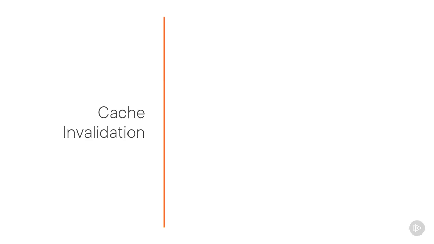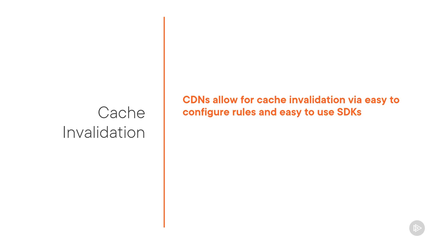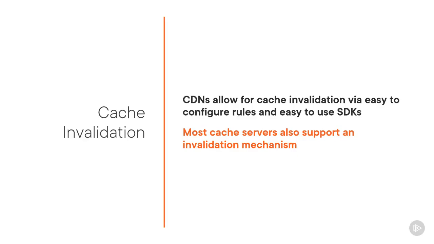This too is something CDNs can help with. In fact, if you read through their documentation, you'll notice they often pride themselves on allowing you to wipe something from their cache instantly, often via a web API call, sometimes even by providing an easy-to-use SDK. So, if you need functionality like that, CDNs are a good option.